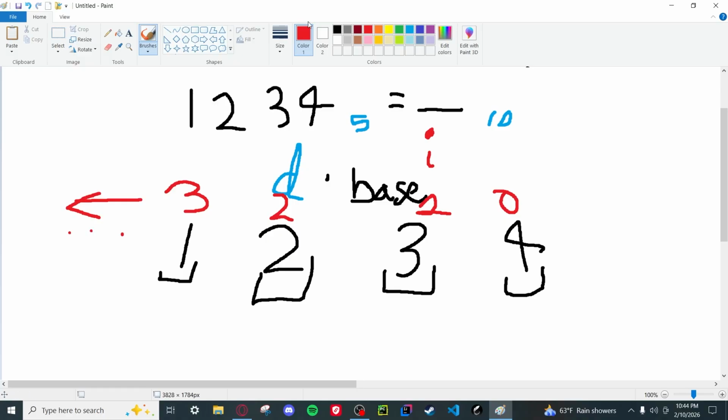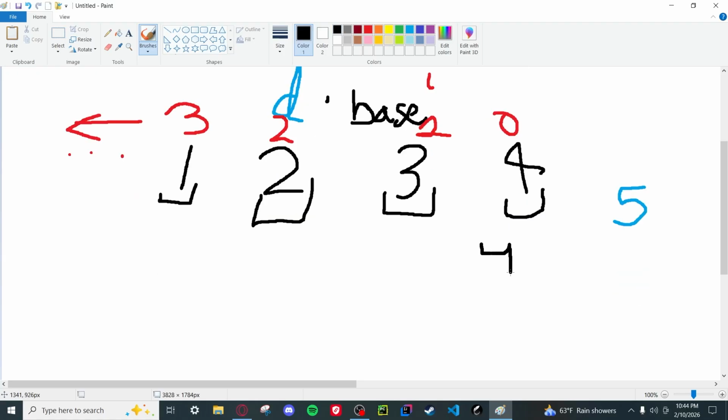Now we're just doing d times base to the I. We know our base is going to be 5. This will be 4 times 5 to the 0. 3 times 5 to the first. 2 times 5 to the second. And, sorry, where did I get that 3 from? It should be 1 times 5 to the third.